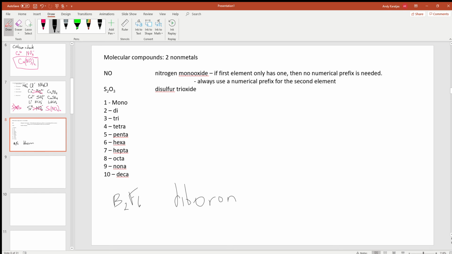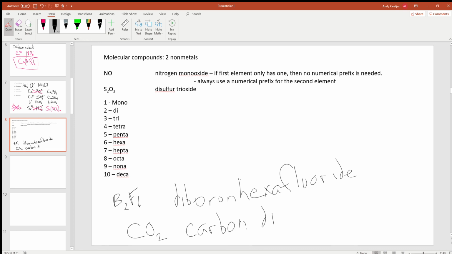And then 6 fluorines, so hexafluoride. What about CO2? That would be carbon dioxide.